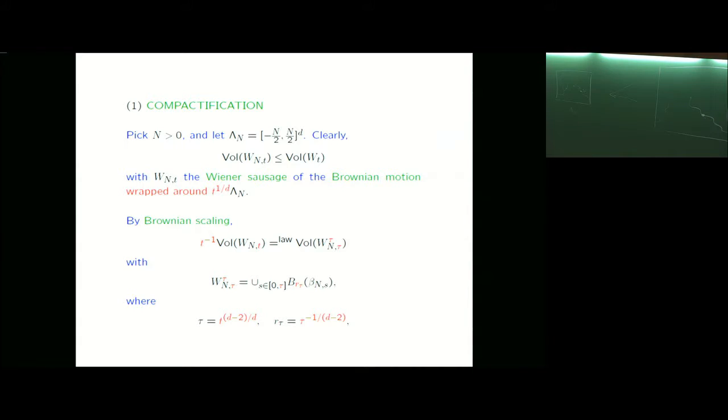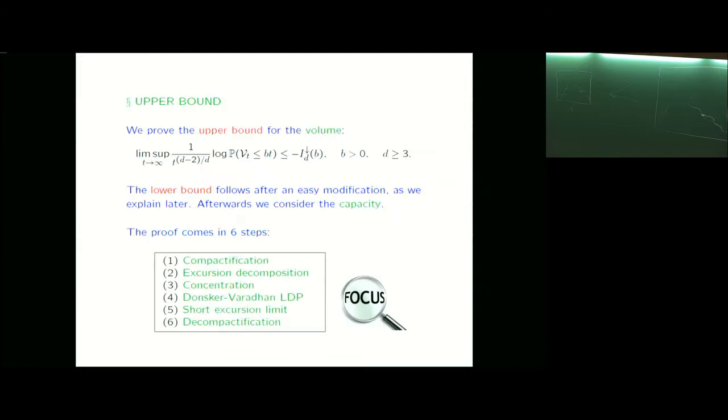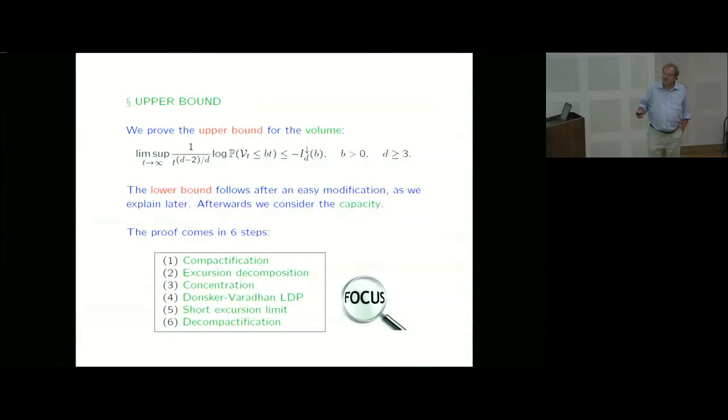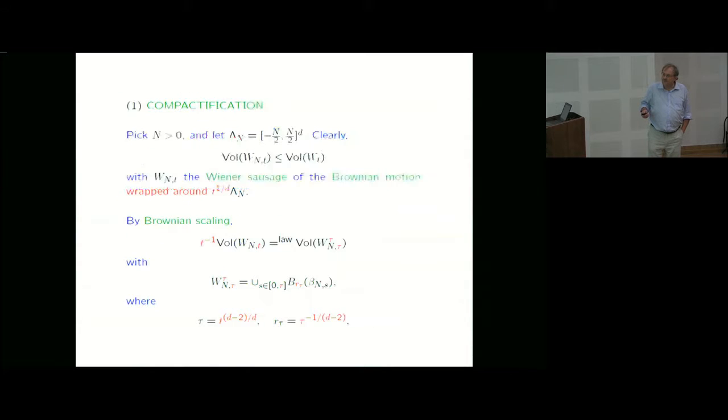Okay, and these scales have been chosen such that they exactly fit what we're after. We are after proving that this probability is going to decay with this power. So the fact that we find this back here means that t is now really the scale on which we are looking.